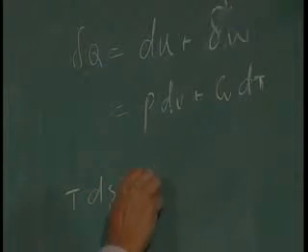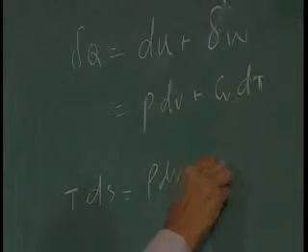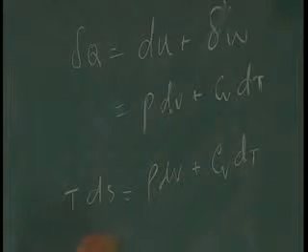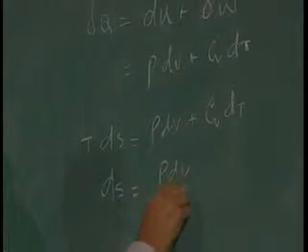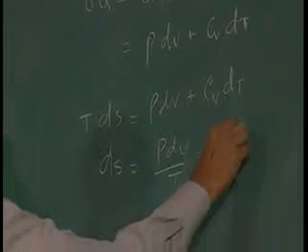This is equal to PdV plus Cv dT, or dS is equal to PdV upon T plus Cv dT upon T.